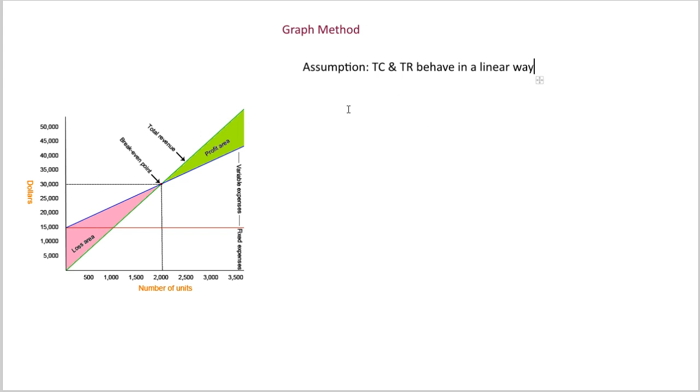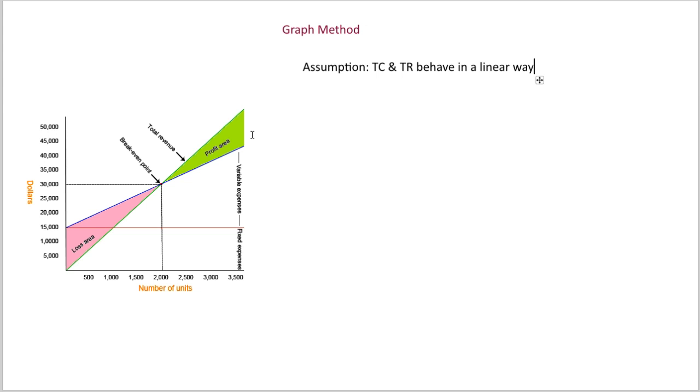This means that there's also going to be two lines, the total cost line and the total revenue line. Here's the green one, it's the total revenue line, as indicated also on the chart. And this line here is the total cost line. So let's start with the total cost line.